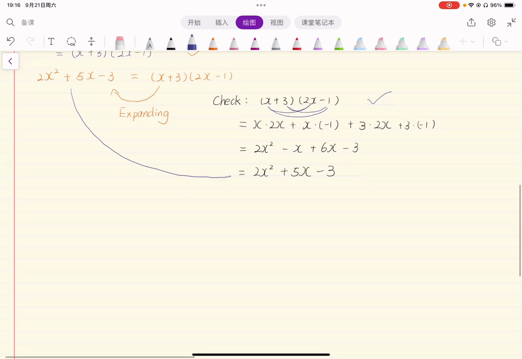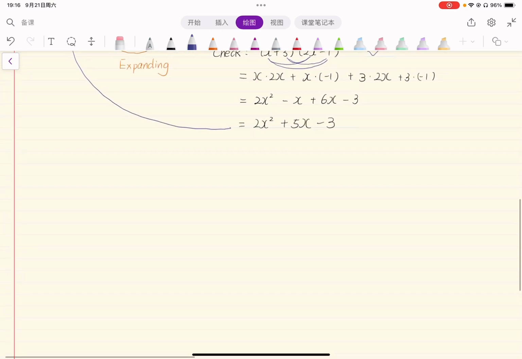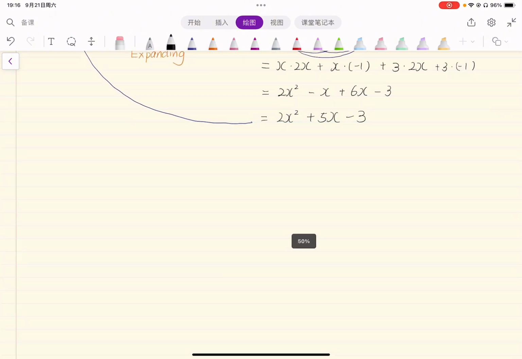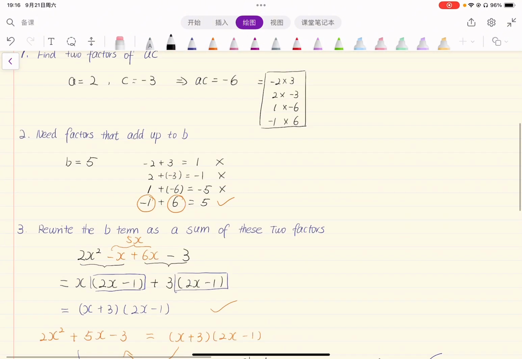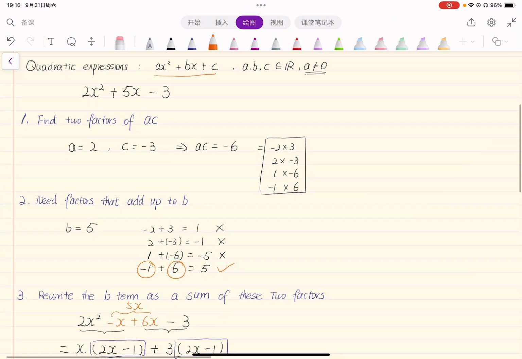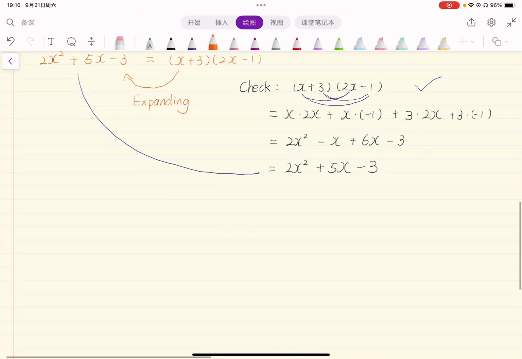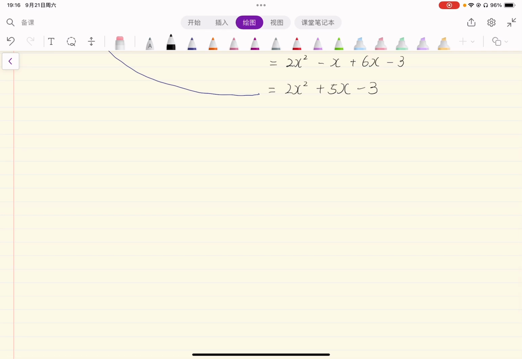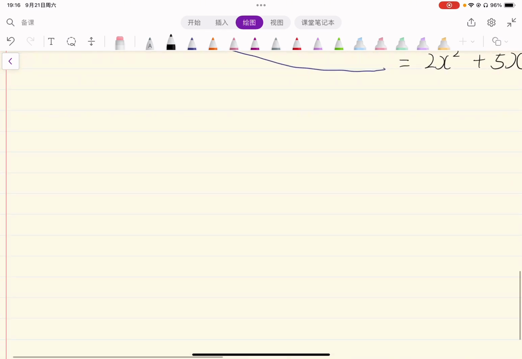Now let's move on to the next step. Well, there we can see the common quadratic expression is ax squared plus bx plus c. Well, we have a special one. Let me write. It looks like x squared minus y squared.